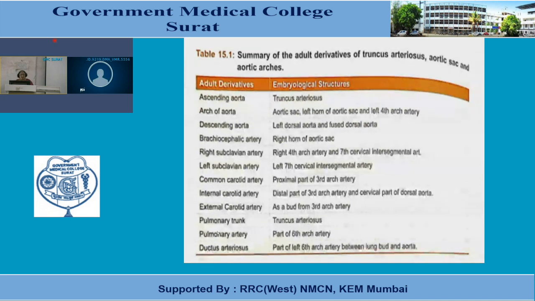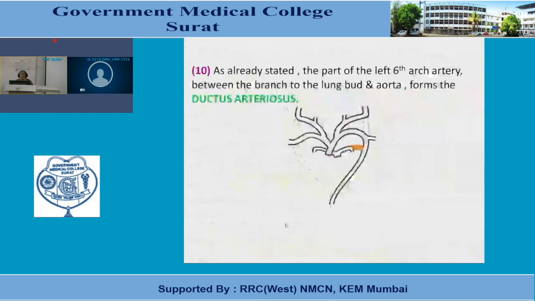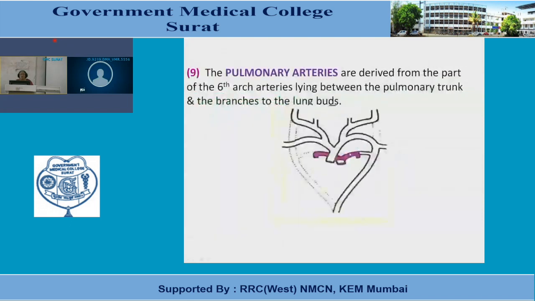Right? Now the pulmonary artery, part of the sixth arch artery; pulmonary trunk, truncus arteriosus. So here you can see in the diagram the ductus arteriosus, right? Now here you can see the pulmonary trunk at the sixth arch artery.